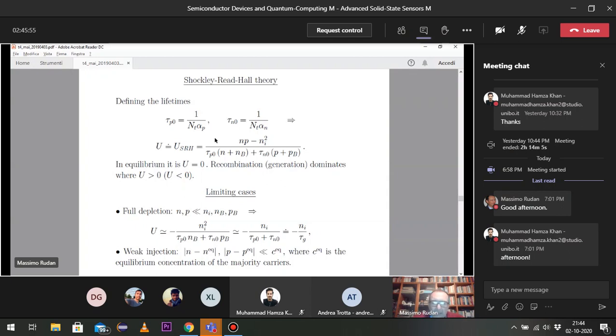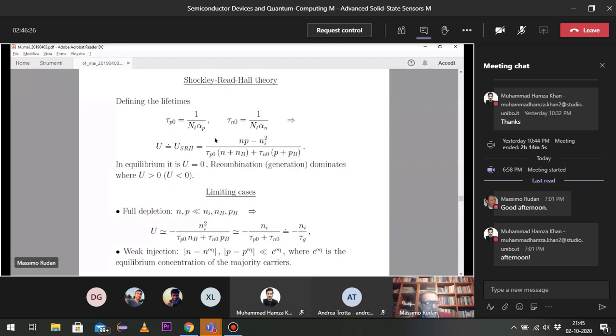In analytical calculations, sometimes it is possible to simplify the net recombination term, okay? And actually, there exist two limiting cases that occur very often in the analysis of semiconductor devices, okay? One limiting case is called full depletion.